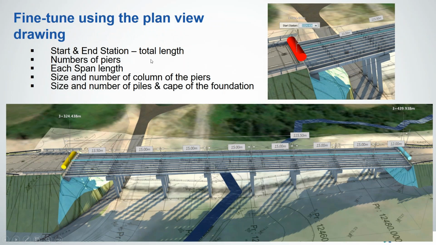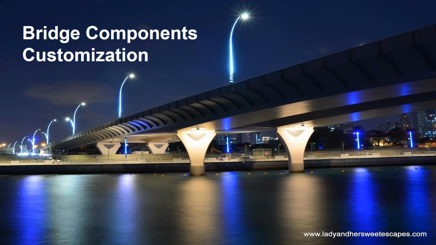Then inside of Infraworks, as we've seen earlier, we can change the starting point, the end point, the number of girders, the size of the columns, the number of columns, etc., until I get those columns as per the master plan or the plan view drawing that I have in mind. So we've done the basic conceptual preliminary design in Infraworks. We got an idea about the quantities.